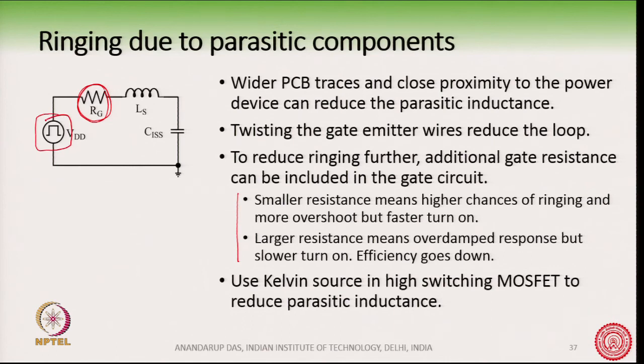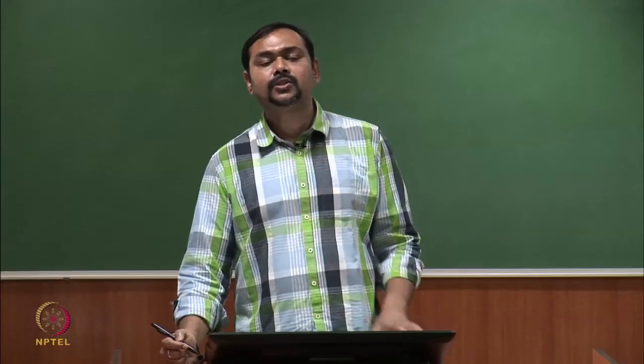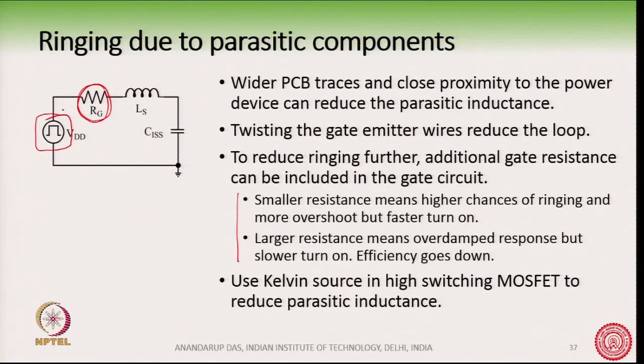Okay. This source also is not an ideal source. Okay. We have taken here as an ideal source, it also has its own capacitance. Okay. And that capacitance is part of the circuit. Okay. So, that capacitance of this source also has an effect.